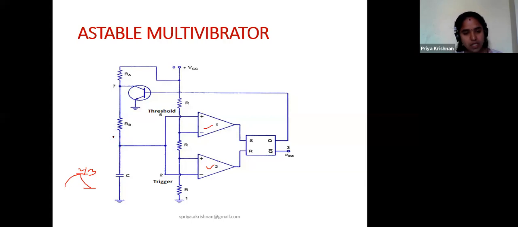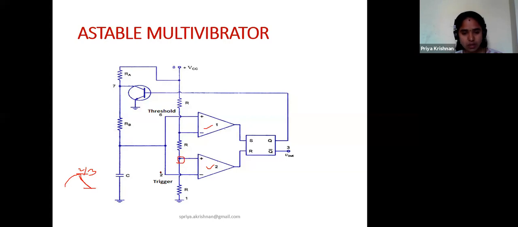Now the capacitor starts to discharge. In the monostable multivibrator, the capacitor discharges up to 0 voltage. But here, the capacitor will discharge only up to which point? 1 by 3 VCC, because these two are interconnected. So it discharges up to 1 by 3 VCC.